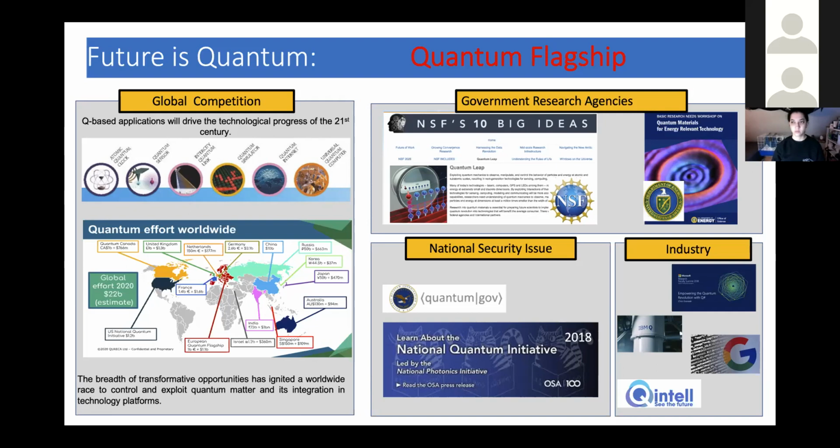And this is a very interesting time because in addition to fundamental research, industry is also heavily invested in quantum material research and technological application. So big players like IBM, Intel, Google, Microsoft are all heavily invested in quantum information and quantum material research.